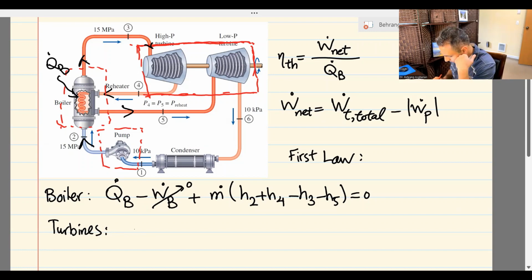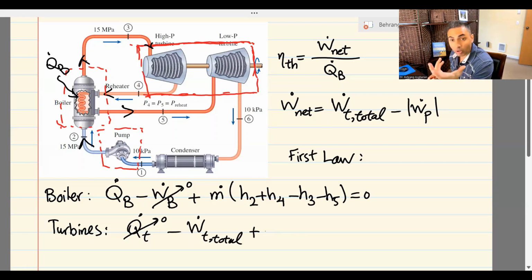So Q dot of the turbines, both turbines, is 0 because they're adiabatic. Minus W dot of turbine total, both of them, plus M dot, since all these streams have the same M dot, luckily for me. What streams are going in? I can see 3 is going in.